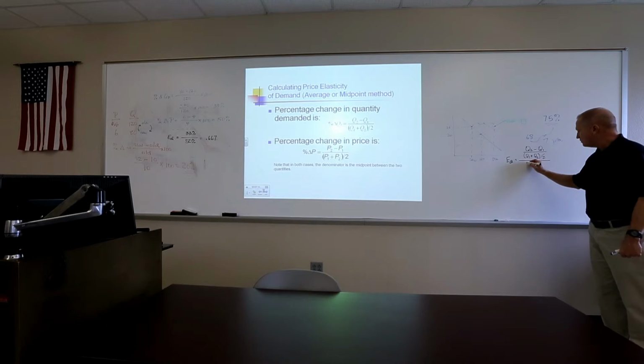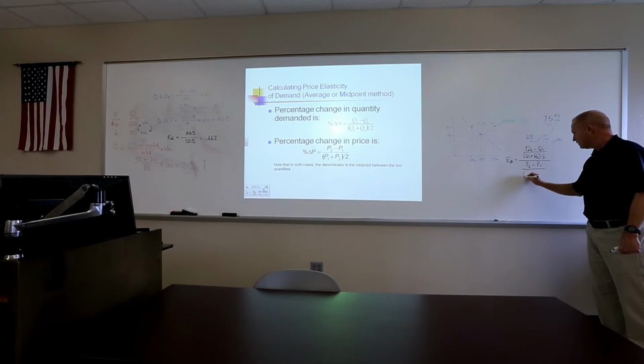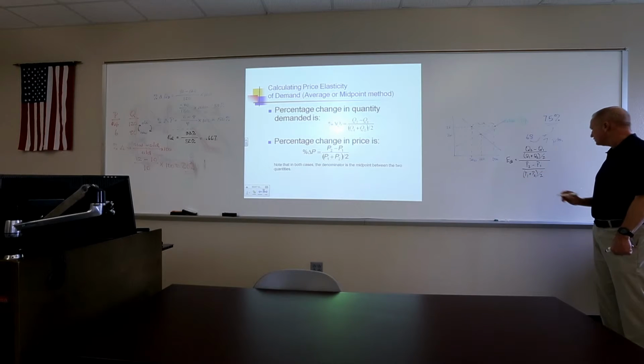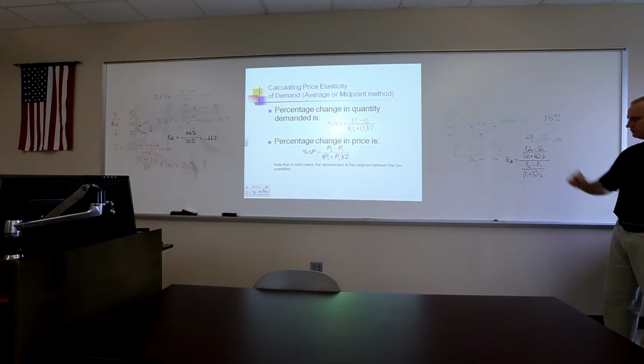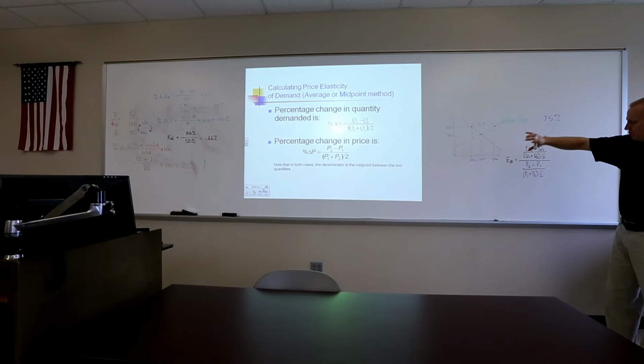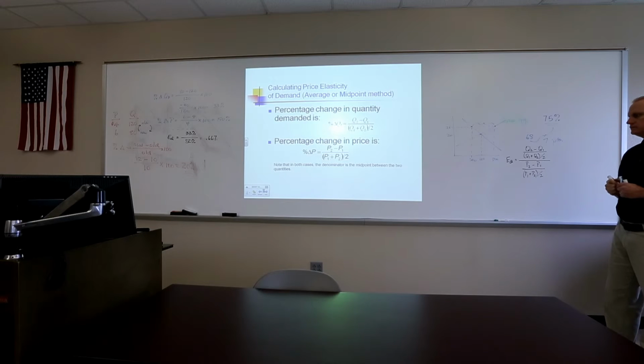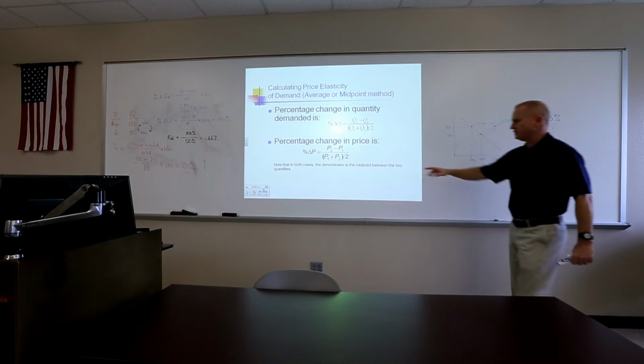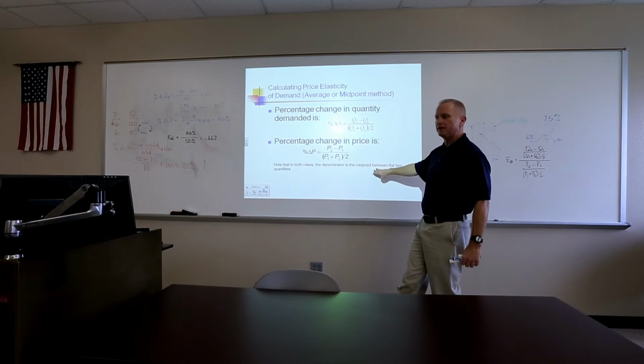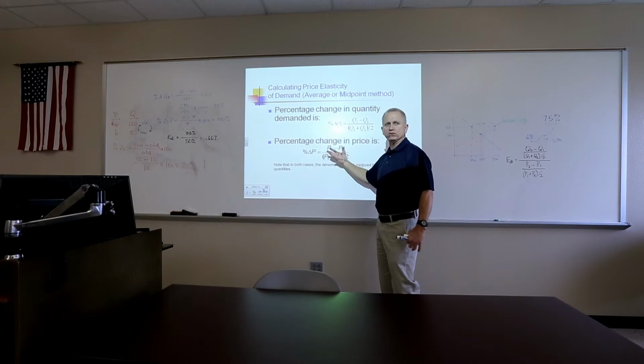Then on the bottom would be the price, P2 minus P1, and take the two prices and average those, divide by 2. So I've just taken that little portion and substituted it in for the top and bottom. It says in both cases the denominator is the midpoint between the two quantities, whether it be quantity or price.